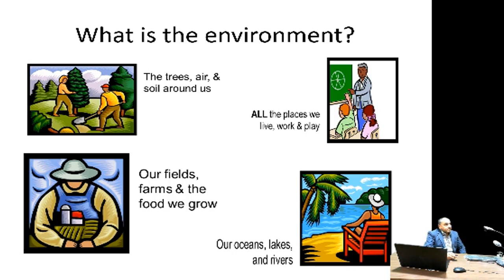The tree, air and soil around us. الأشجار، الهواء، التربة، كل ما حولنا هو أيضا يمثل البيئة. All the places we live, work and play. Our fields, farms and the food we grow.